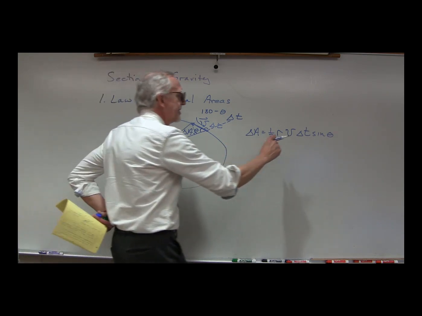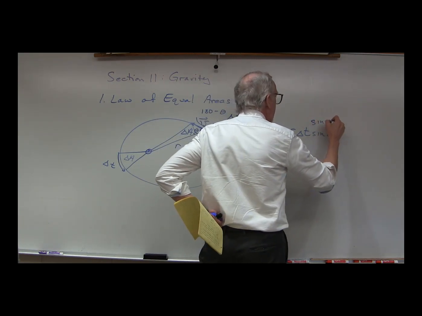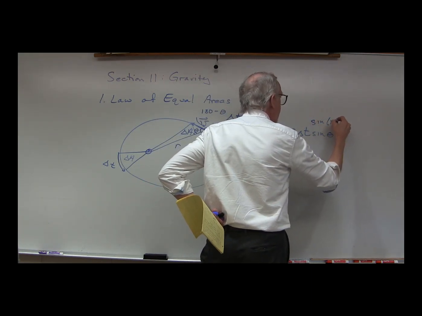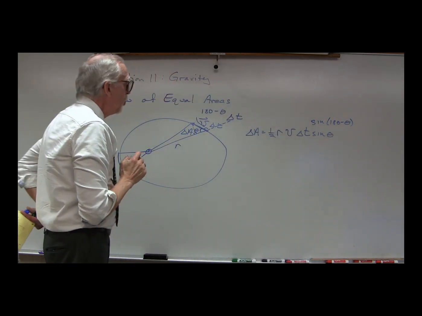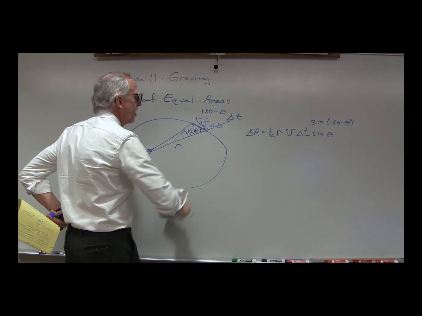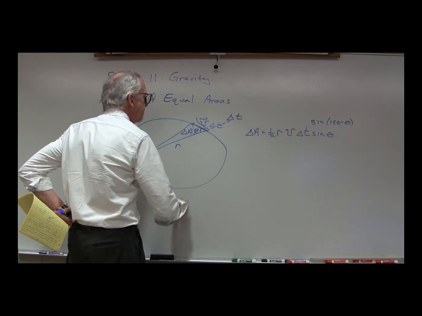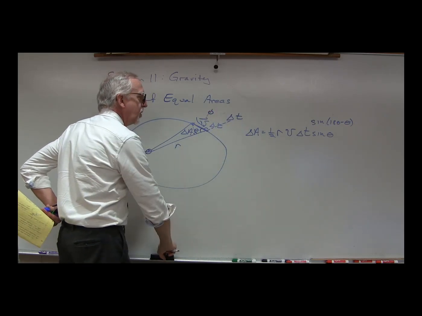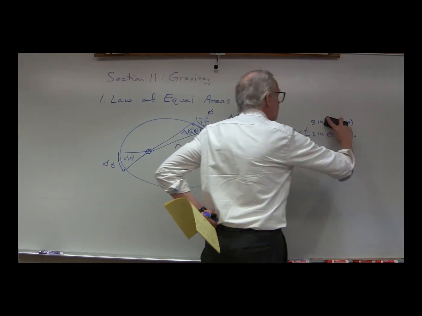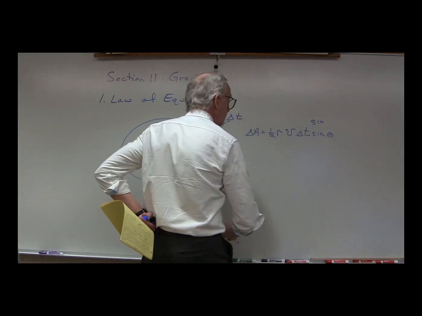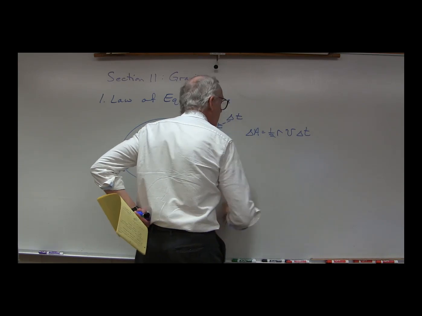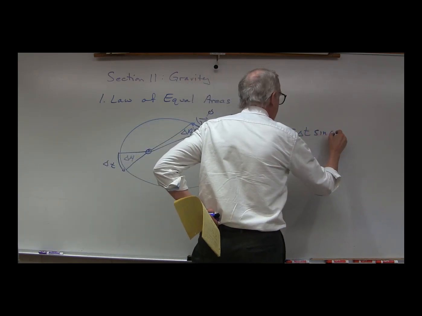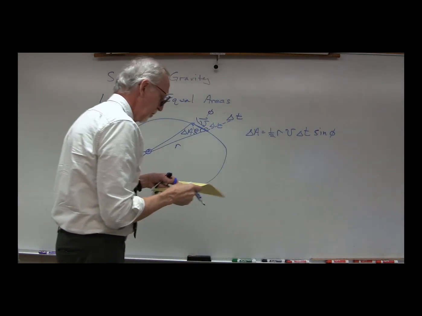So we could write this as the sine of 180 minus theta, which I am going to just call phi. So this is the same as the sine of phi. Let's just rewrite this here: sine phi. Okay, there we go.